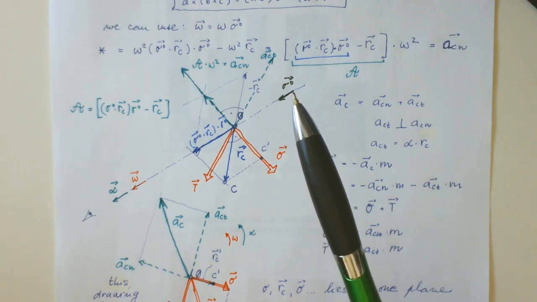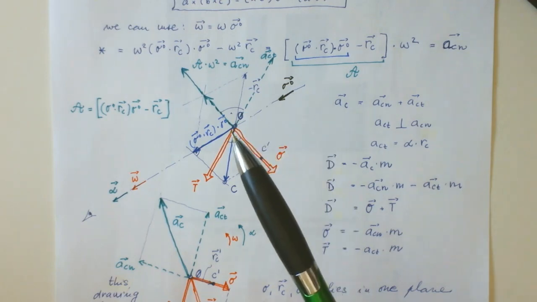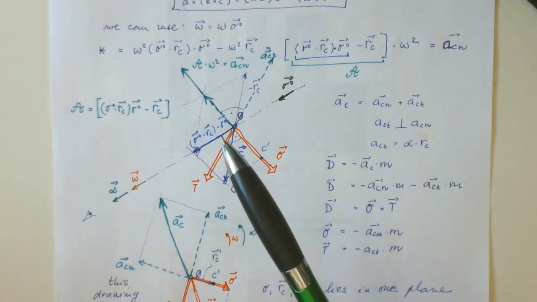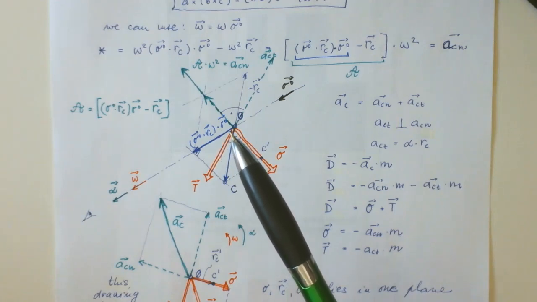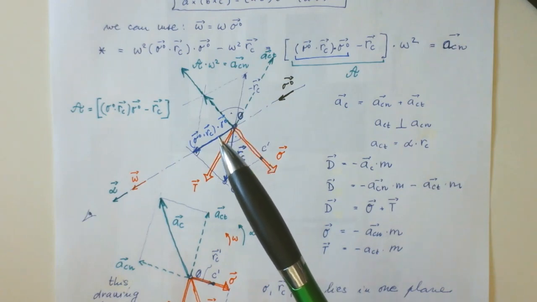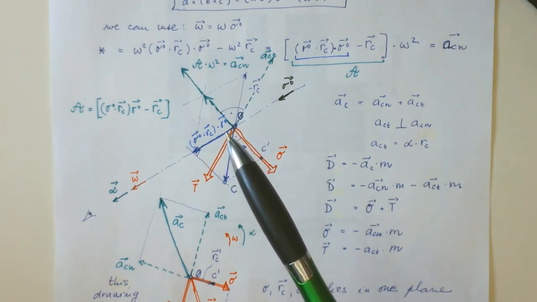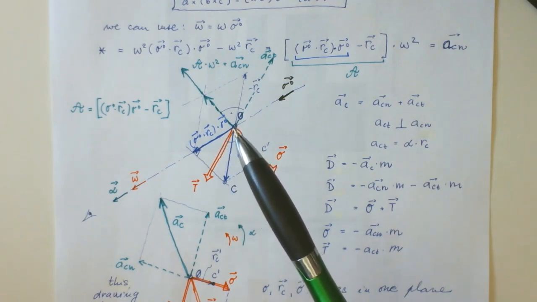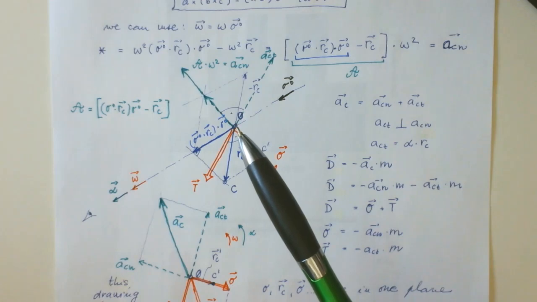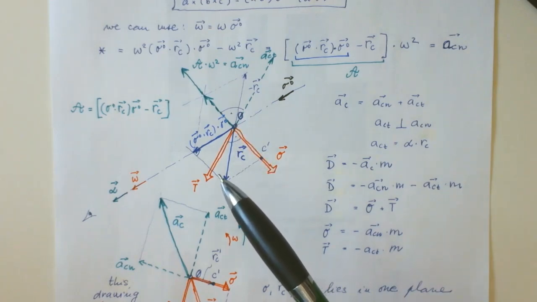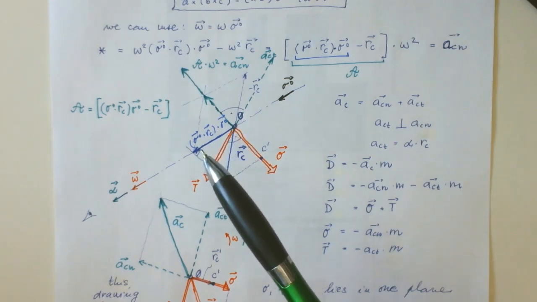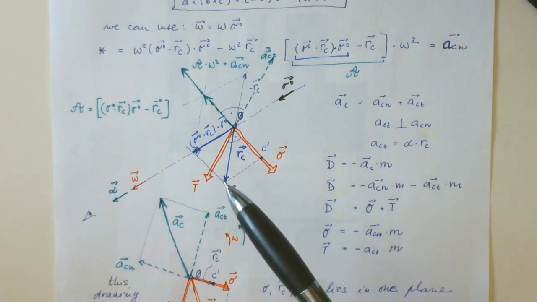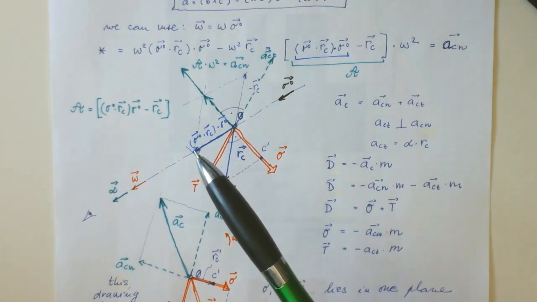Dot product of this vector, we can shift this vector to this in our mind and multiply it by this vector. So the meaning of dot product multiplication is that we project one vector to the direction of second vector. So we project RC to the direction of axis.